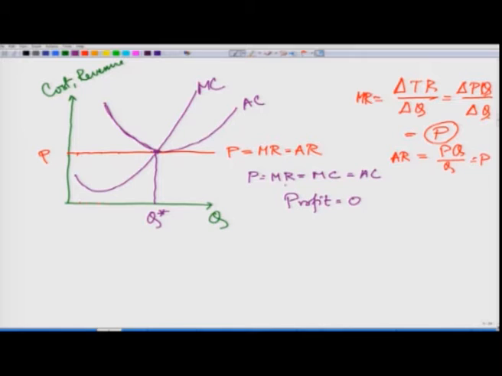Yes, so this is what happens in a perfectly competitive market, and if anybody wants to keep the price higher, naturally it doesn't persist, because if they keep the price higher, it will come down, since people have information about the price and nobody else increases the price, so they will lose the market.